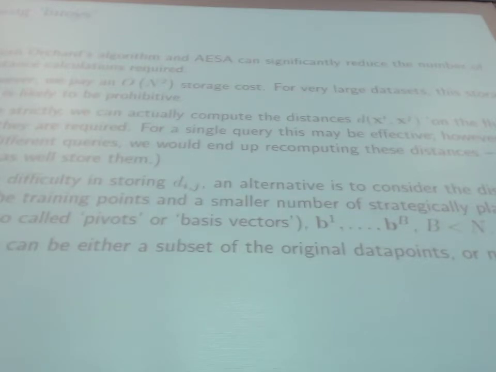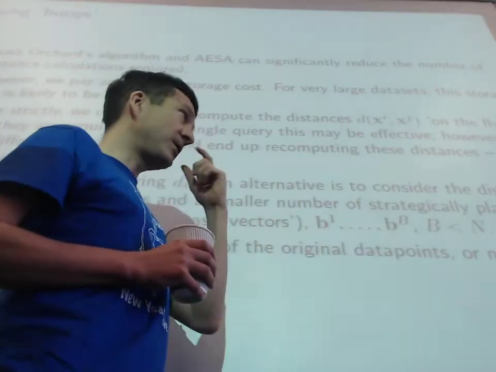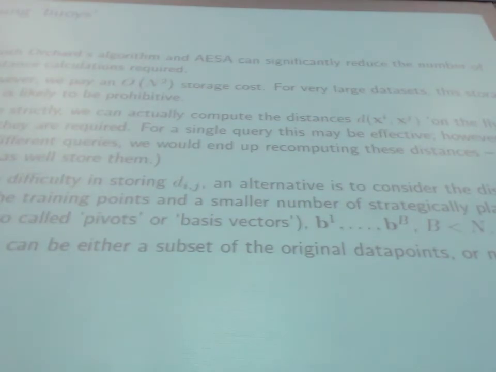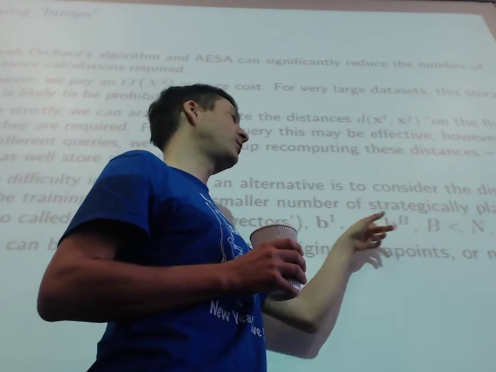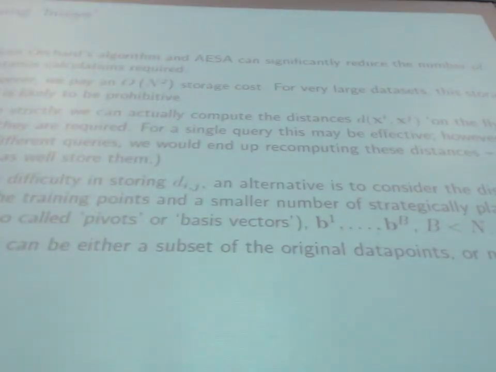I guess there are smarter ways to choose them than others, but let's imagine you've got these. What we're going to try to do is use the distance between xi and each of these buoys, remember a small number of them, as an approximation in some way to our distance between xi and xj.